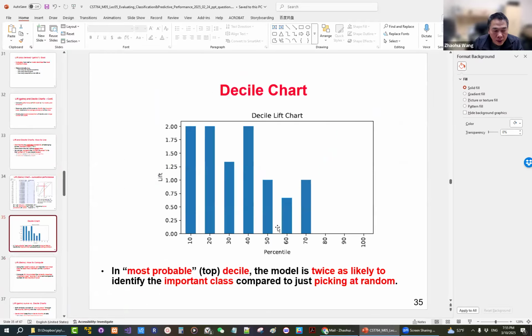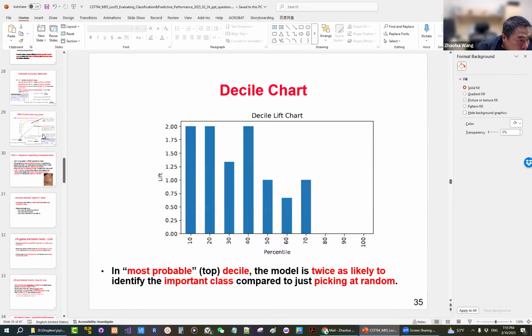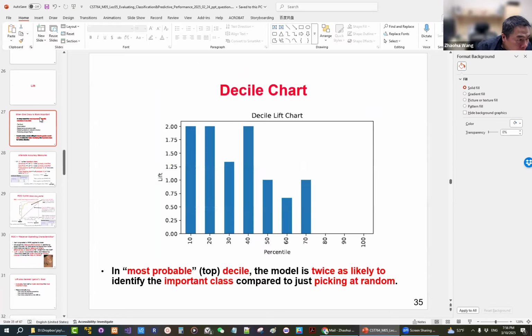Okay, this is a decile chart. Just now I said it will reach one horizontal line, one. Actually, there is one line here, so I drew one line here for convenience.